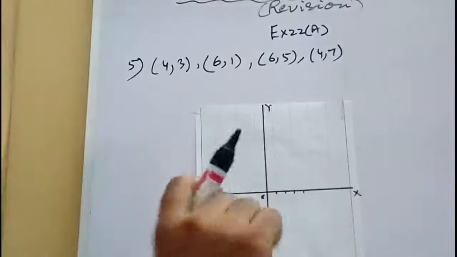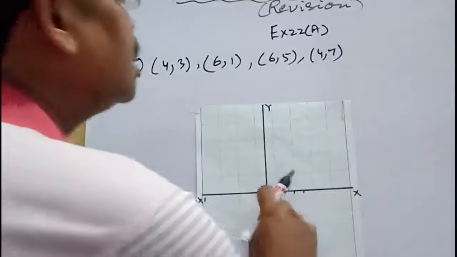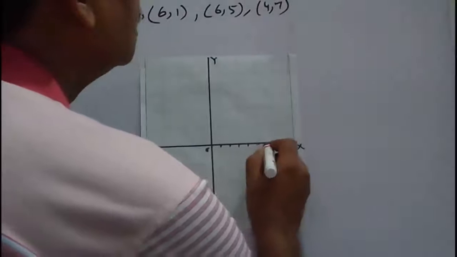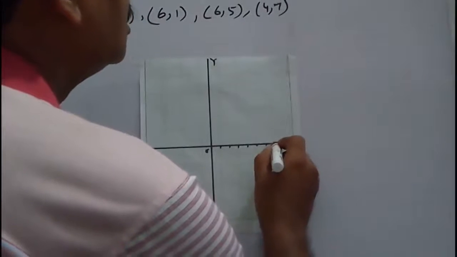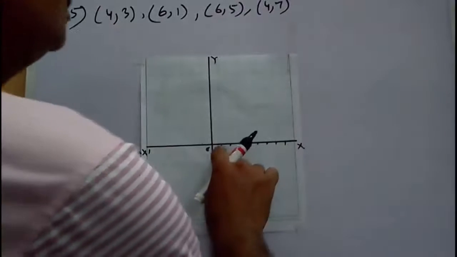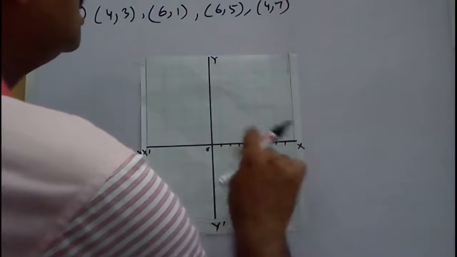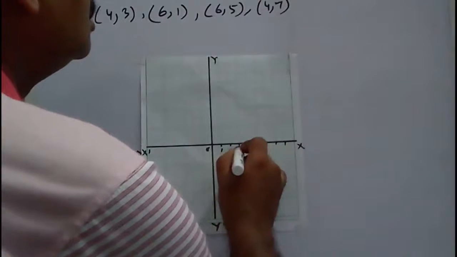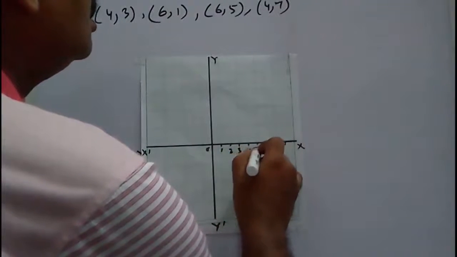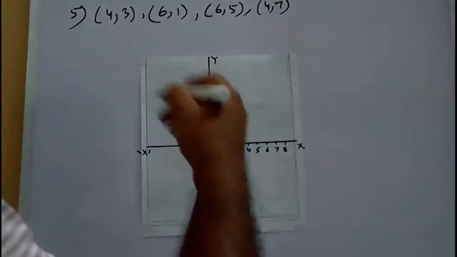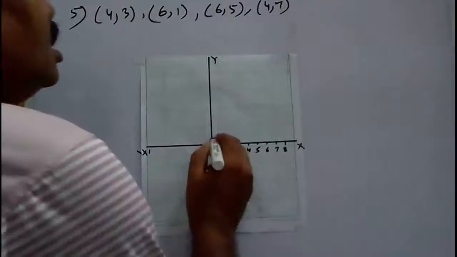After small square boxes count 5, then take 1. In this way mention the points. 1, 2, 3, 4, 5, 6. So write 1, 2, 3, 4, 5, 6, 7, 8. In this way, on all sides you take the points.